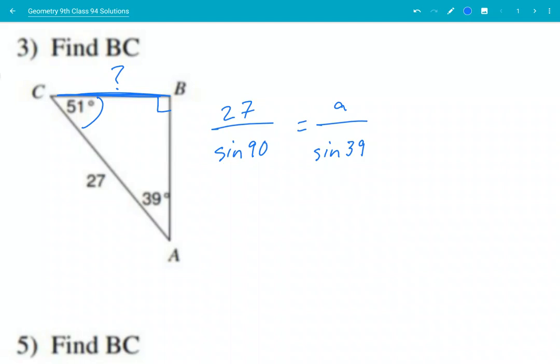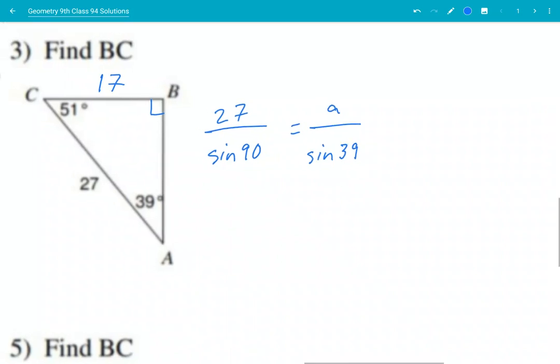Adjacent, hypotenuse, cosine. So we can say cosine of 51 equals adjacent, which we don't know, over 27. And you're still going to get the same answer because trigonometry agrees with trigonometry. Cosine 51 times 27, you get 16.99, 17.0. So either one works because it's a right triangle.